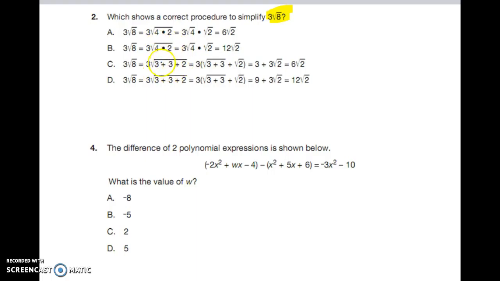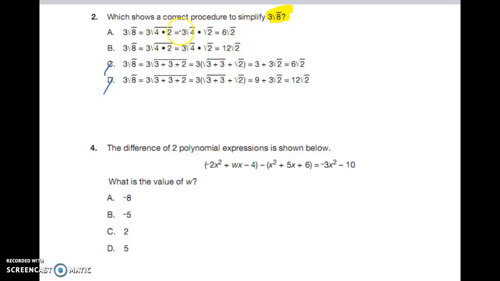And then the next 2, we make it addition. The correct way to do this, because taking the square root of a number is kind of the opposite of multiplying, we want to break up 8 as a multiplication, so we want to look at factors. That eliminates C and D as correct choices.